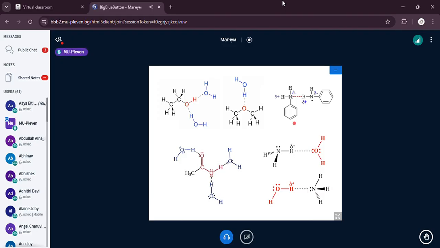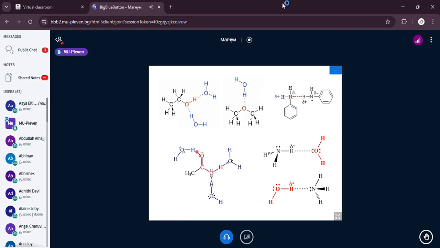The other name is aniline. So aniline molecules can form hydrogen bonds through hydrogen atoms, nitrogen atoms. So we can say that aniline molecule can be both hydrogen bond donor, hydrogen bond acceptor.